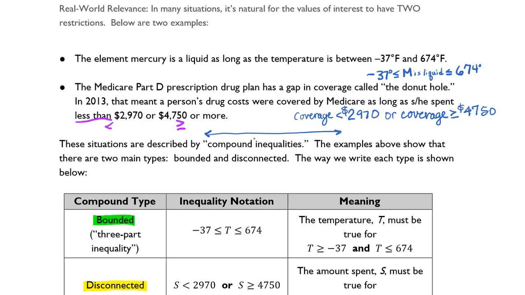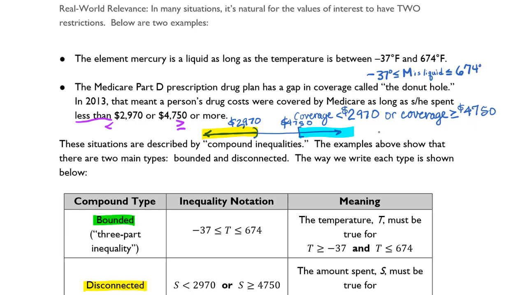So the coverage is either less than 2,970 or greater than or equal to $4,750. Now remember, in interval notation, we take everything on the graph when it is an or inequality.